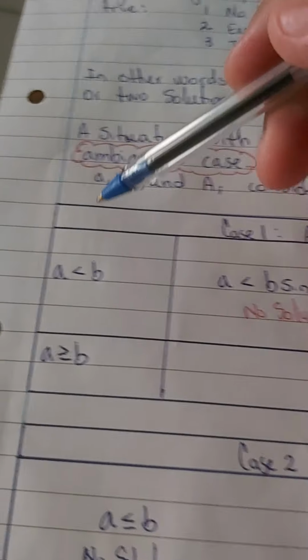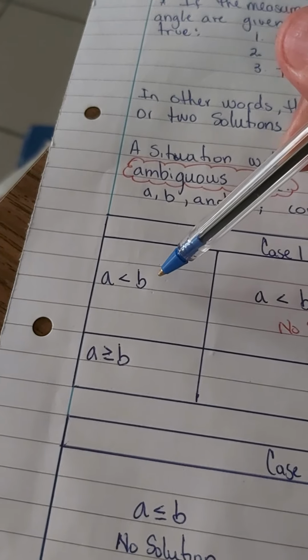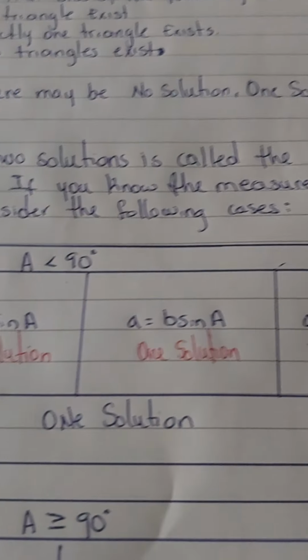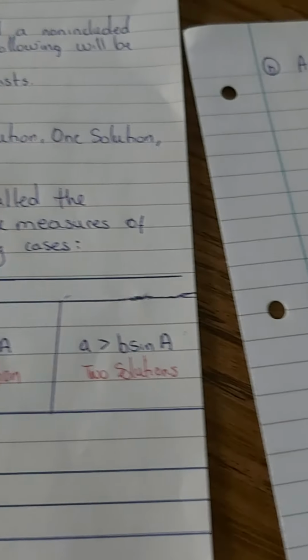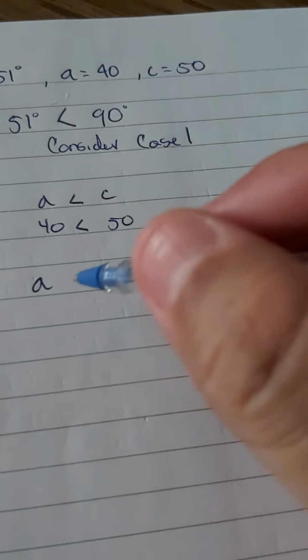Okay? Now, let's compare side a with c. 40 and 50. In this case, 40 is less than 50. So that means a is less than c, the second side. So now we have to compare a with c sine of A, to see if a is less than, equal to, or greater than it.